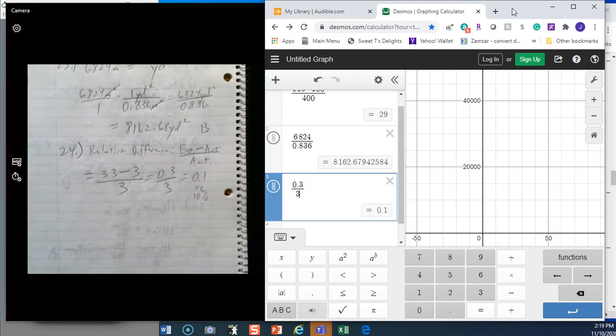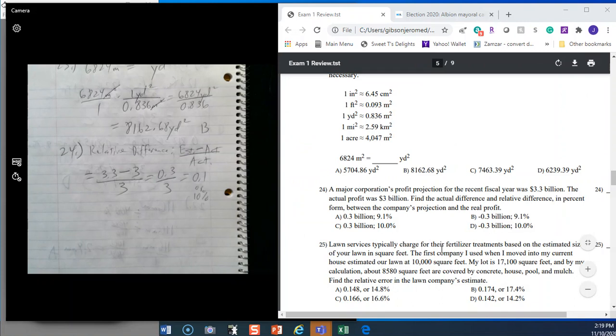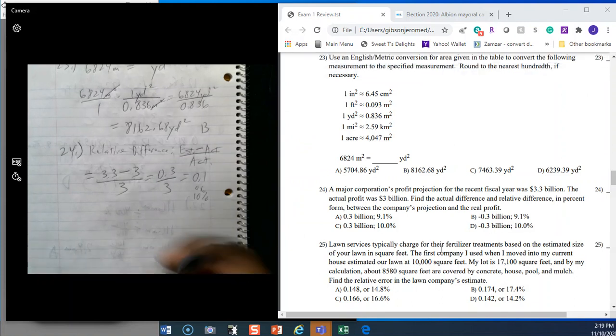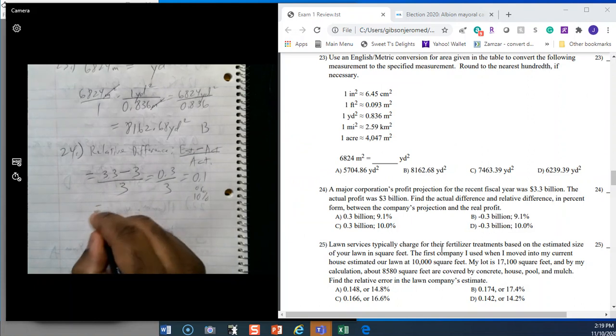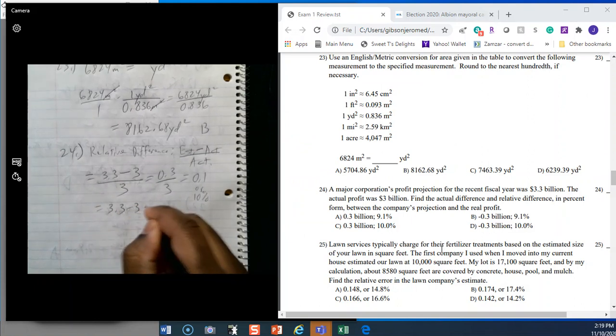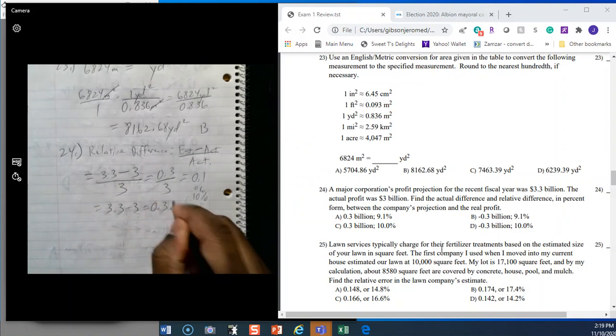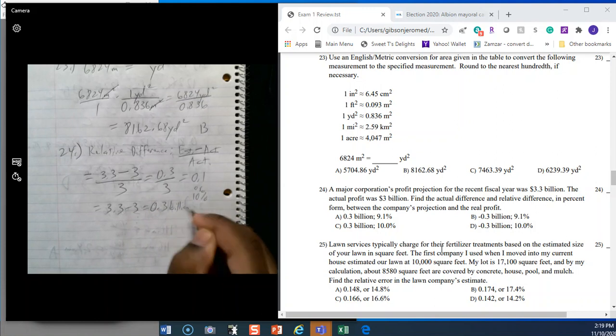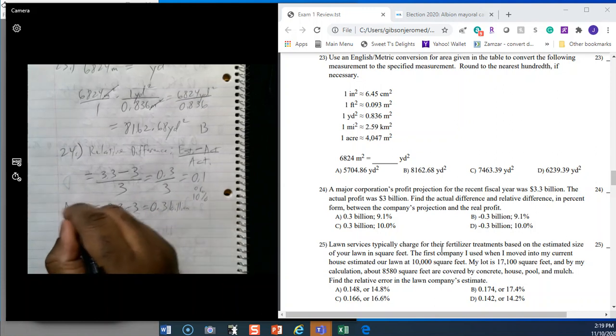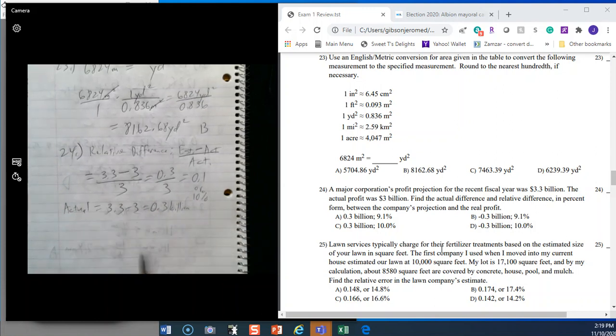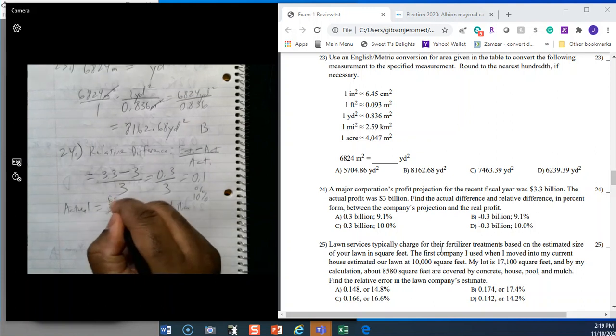Okay, now let's answer these questions. It says find the actual difference. The actual difference would just be 3.3 minus 3, which would be 0.3 billion. Just to write this out, the actual difference is the estimate minus the actual.